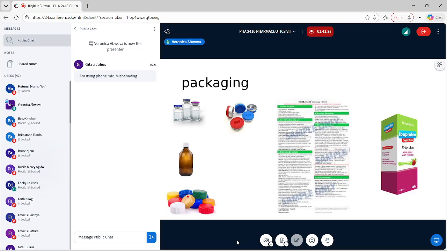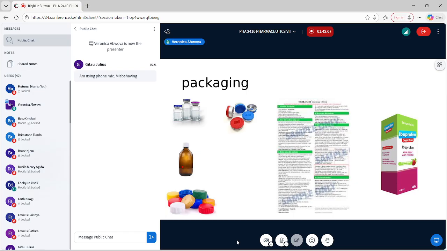When you're carrying out drug development, usually you want to pick a packaging that is suitable for your product. If your product is sensitive to light, you want to pick this kind of, this is what we are calling amber colored bottle. This brown bottle is what is referred to as the amber colored bottle. You pick this bottle because it does not allow UV light to enter and destroy your product, okay?